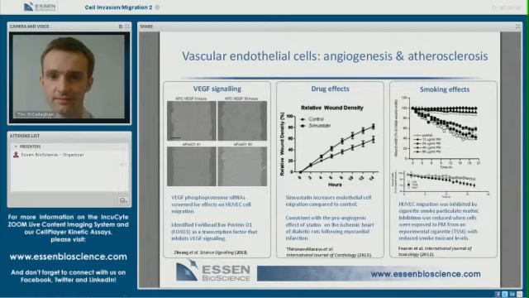Independent labs have also probed the biology of vascular endothelial cells and how that relates to the angiogenesis and atherosclerosis biological processes.